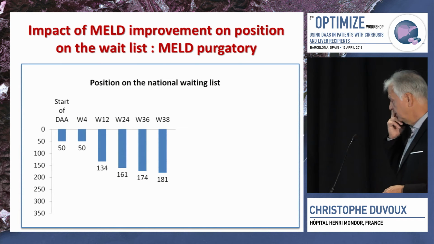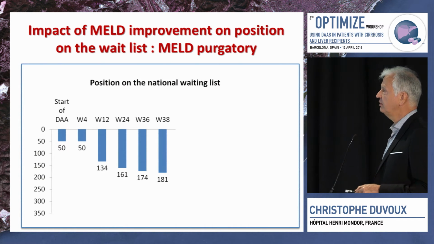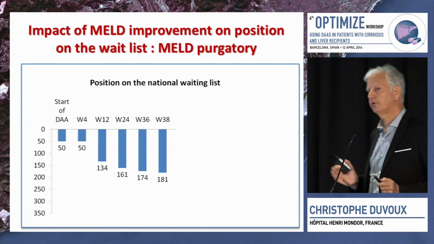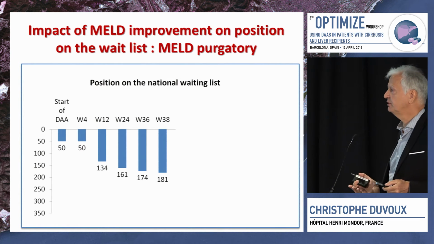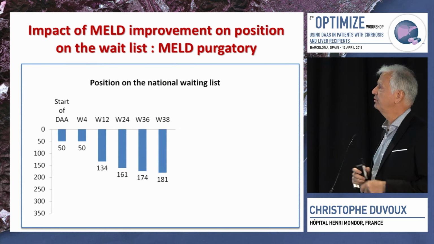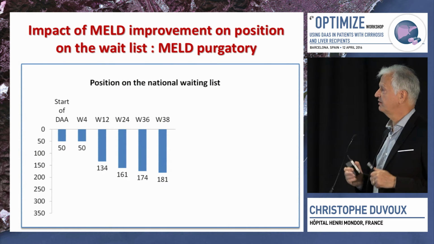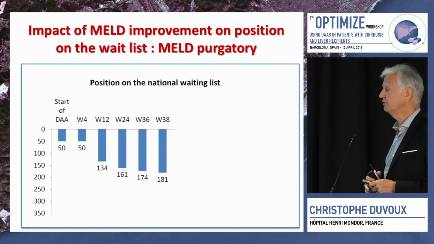And this is the evolution of the position of the patient on the national waiting list. You have to keep in mind that in France, we have a nationwide allocation system with no local priority. We also have the possibility to very strictly follow the position of our patient on the wait list, thanks to a program named Crystal, ensuring total transparency.